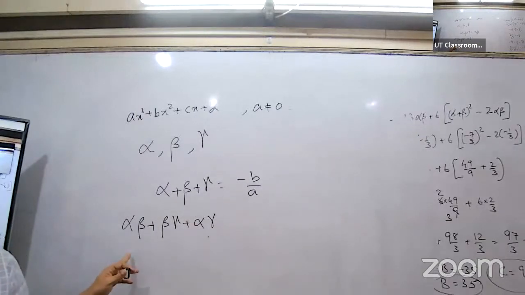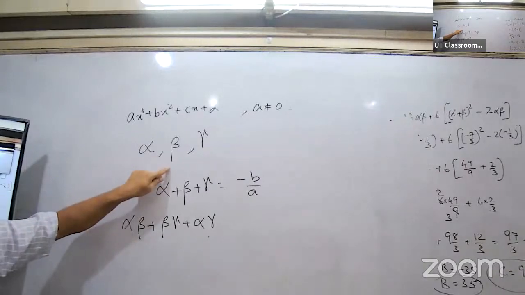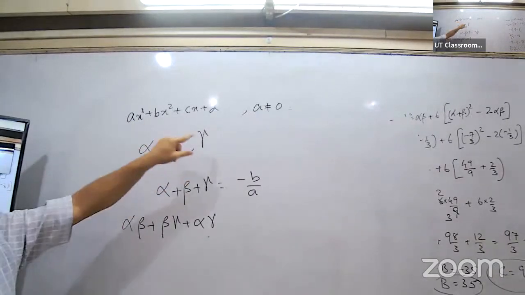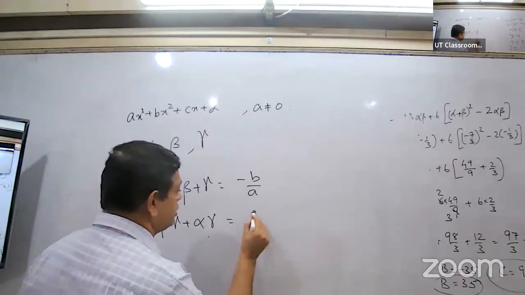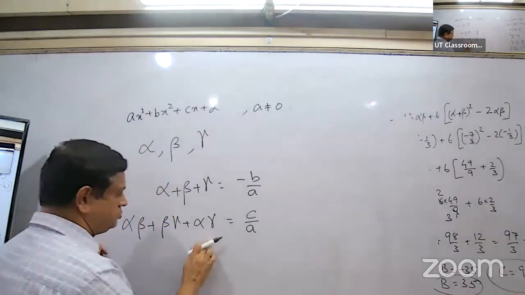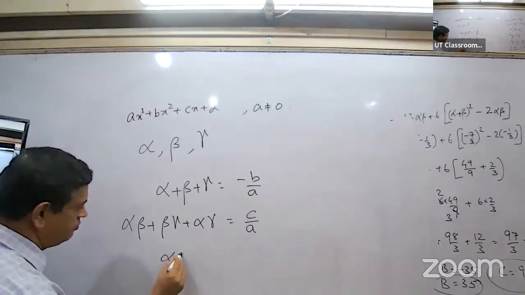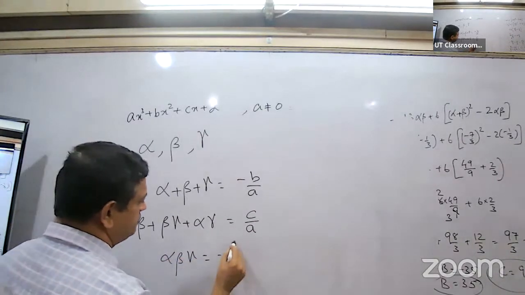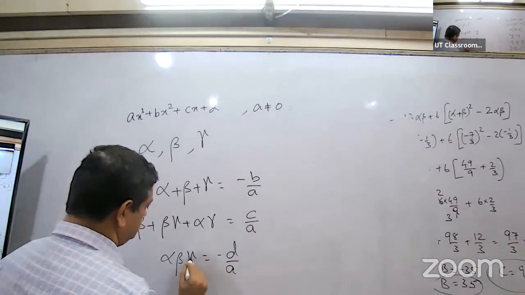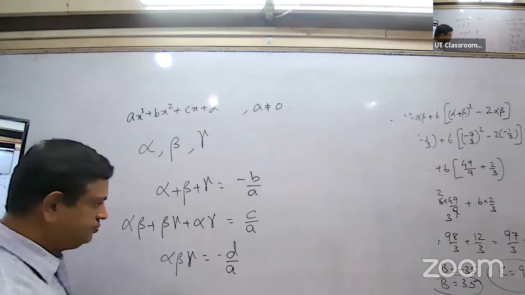This is called the sum of the products taken two at a time: alpha and beta's product, beta and gamma's product, alpha and gamma's product, is equal to c upon a. The third one is the product: alpha beta gamma is equal to minus d upon a.